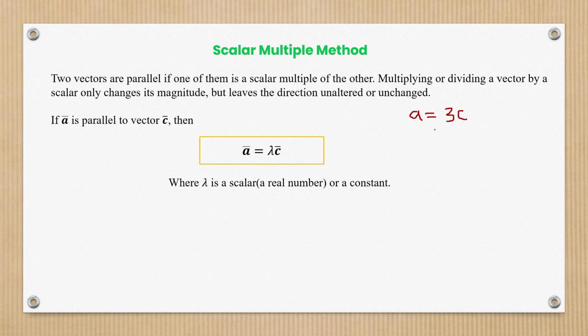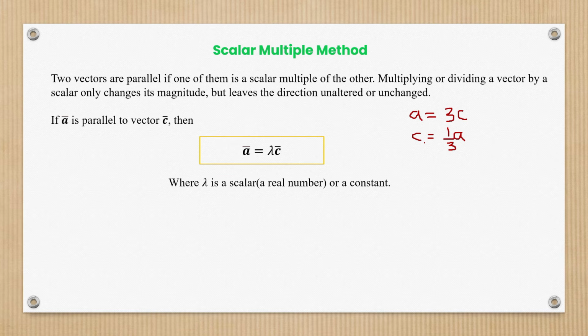And actually this can also be written this way: C is equal to 1 over 3 A. This is the same thing. This still means that A is 3 times longer than C, or that C is a third of A. So in all these cases, one is a stretched or shrunk version of the other.